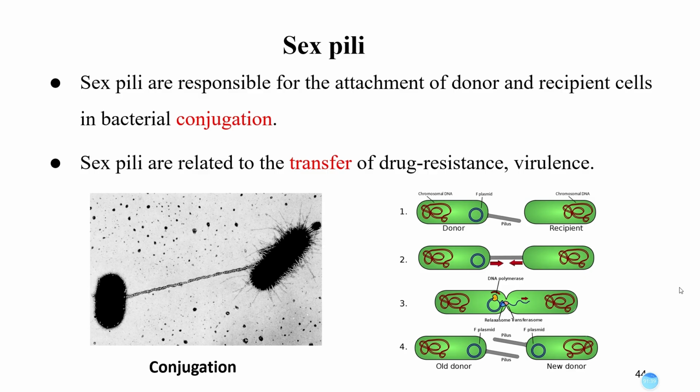So this procedure we call conjugation. Okay. And through conjugation, the donor cell is able to transfer their plasmid or even genomic DNA into the recipient cell. So that's a useful tool, right? In the lab, we can use conjugation through the sex pili to mediate the DNA transfer.